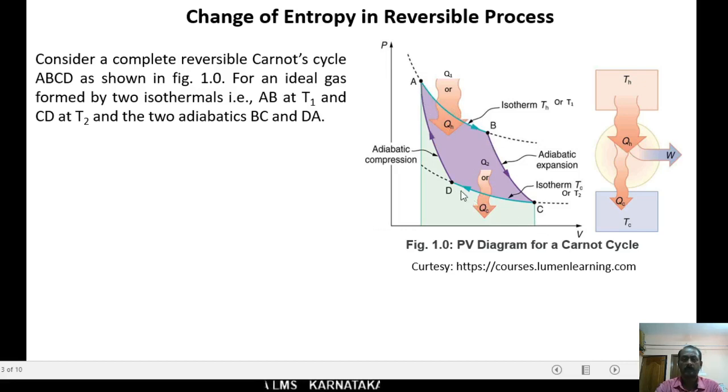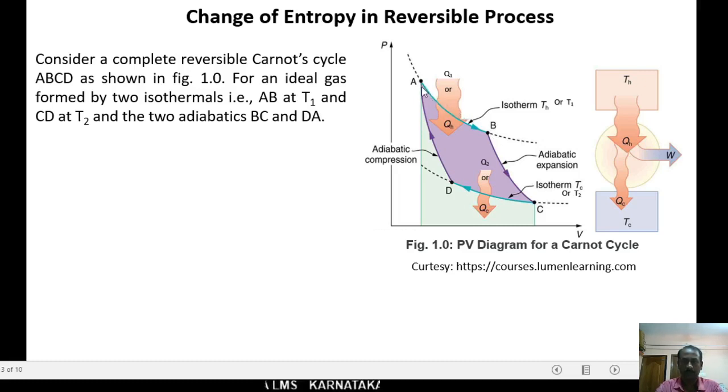A, B, C, D is a complete Carnot cycle for an ideal gas formed by two isothermals, that is AB, which is at temperature T1, and CD, here lower curve CD, which is at temperature T2, and the two adiabatics BC and DA.